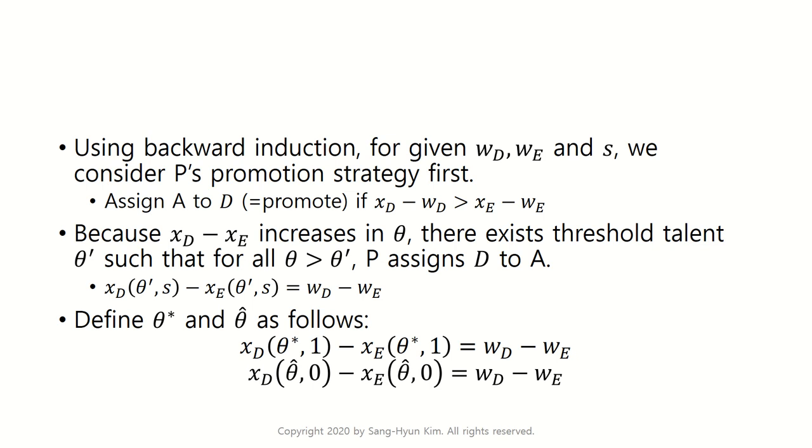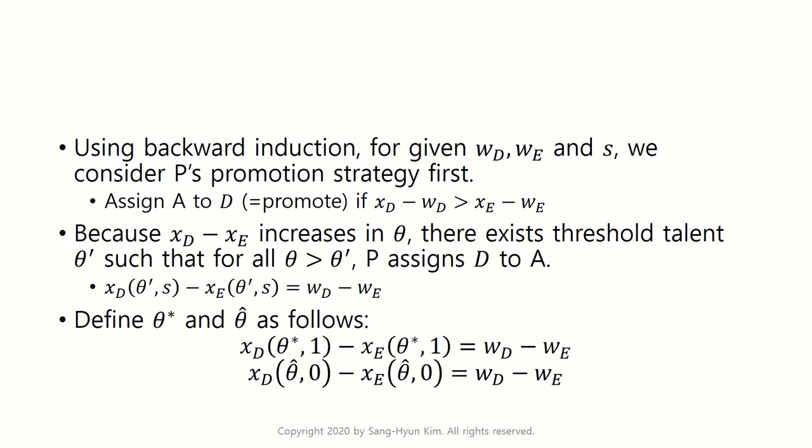Because xD minus xE increases in theta, that is one of the assumptions, there exists a threshold talent theta prime such that for all theta larger than theta prime, P assigns the difficult task to the agent. So theta prime is the threshold level of talent, which makes xD minus xE equal to wD minus wE.